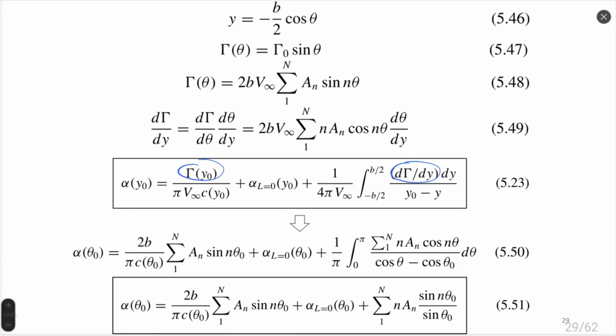And due to this transformation, we obtain equation 50, and 51 is equivalent to equation 23, but rewritten in polar coordinates and rewritten as a Fourier series, function gamma and gamma derivative.